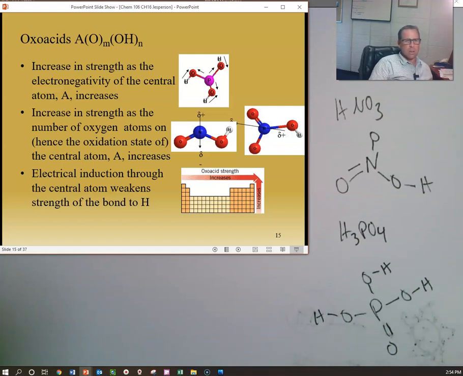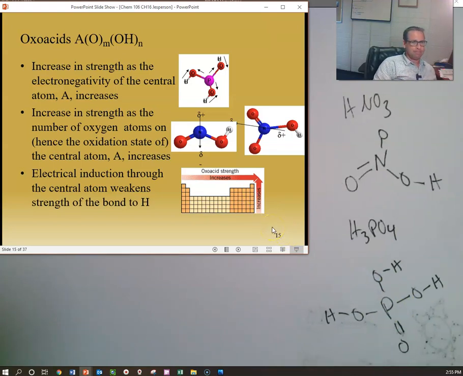All right? So these are oxy acids, and the strength of oxy acids increases as you head to the right and up for the element that's in the middle of the oxygens. Okay?